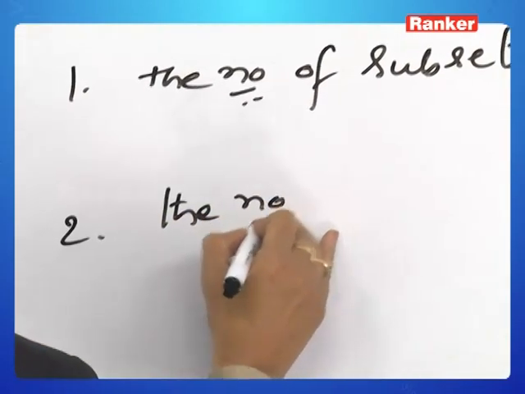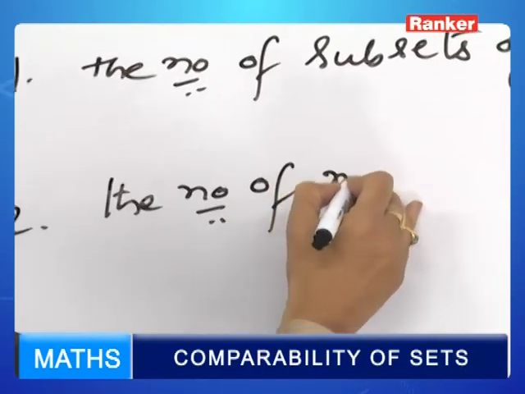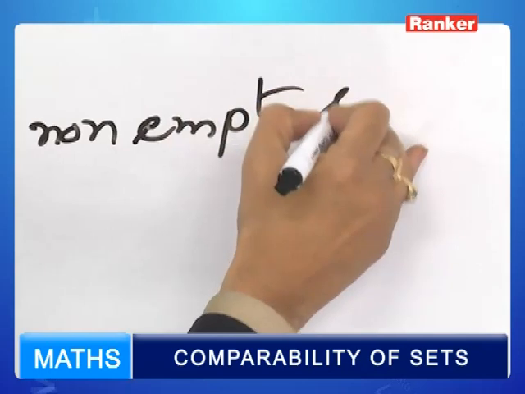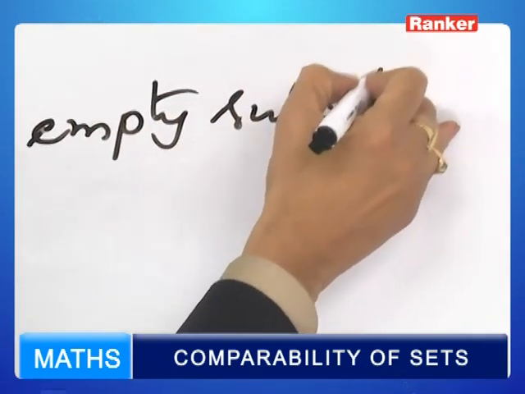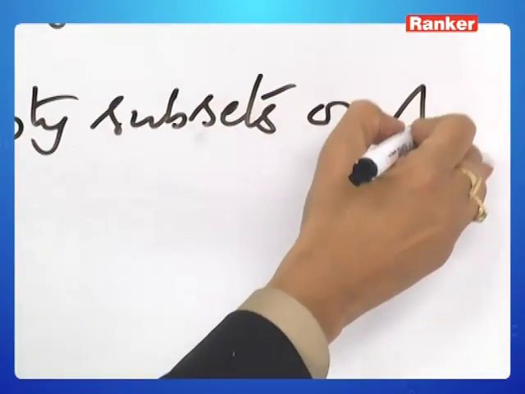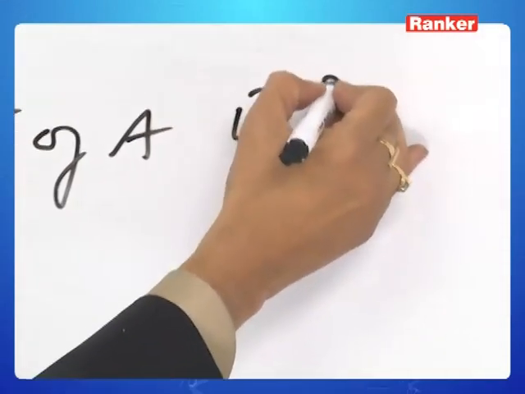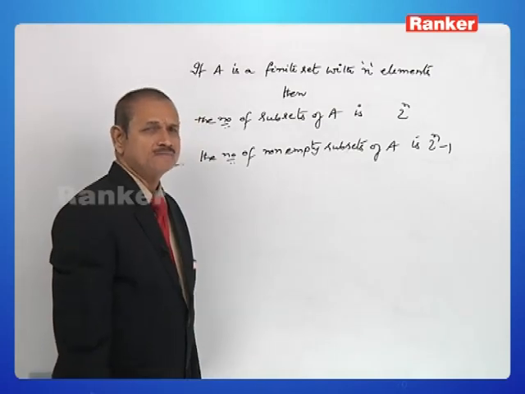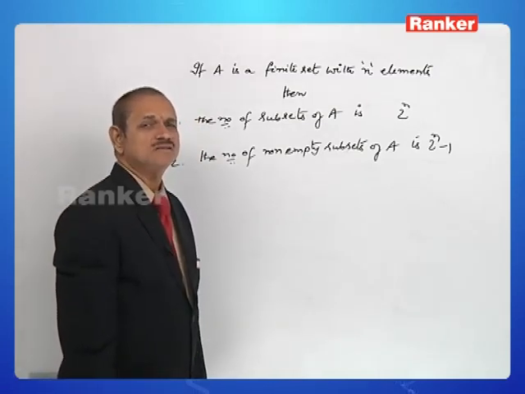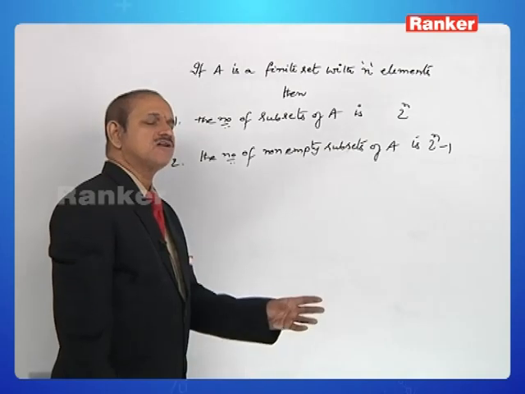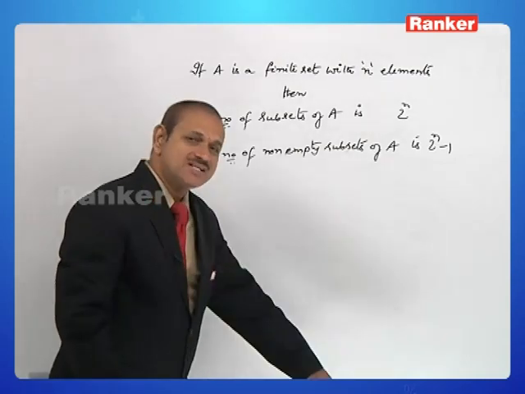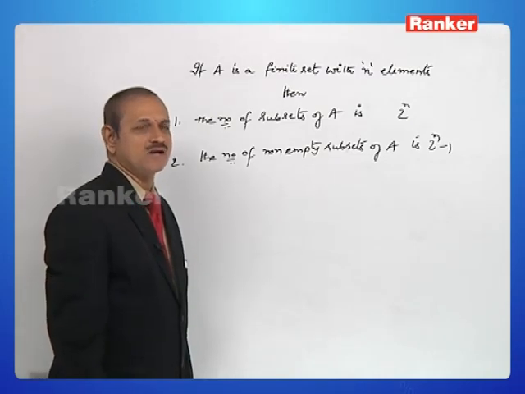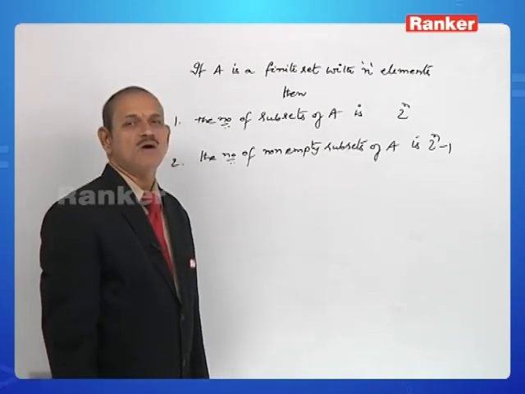The number of non-empty subsets of A is 2 power n minus 1. Why should you put minus 1? Non-empty. So, from the collection of all subsets, the empty set has to be deleted. Hence, the total number becomes 2 to the power of n minus 1. Good.